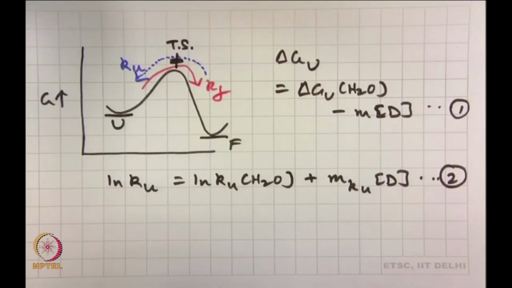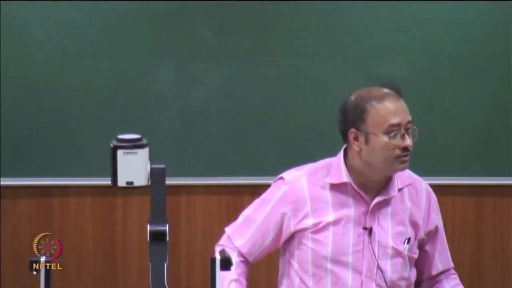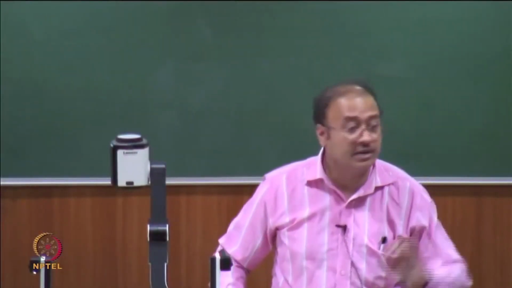Keeping in mind the fact that m is always algebraically positive, it should increase, right. Okay. See, what is the essence of that? Think about this. If you are going to increase concentration of denaturant, would it be more difficult or less difficult for you to unfold? Less difficult. So, if it is less difficult for you to unfold, then wouldn't the rate constant be higher? That is what you are looking at. Very simple. Okay, nothing hidden.